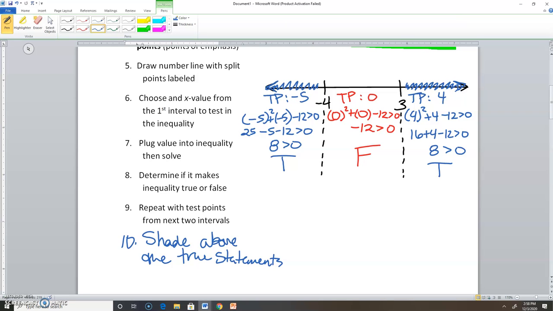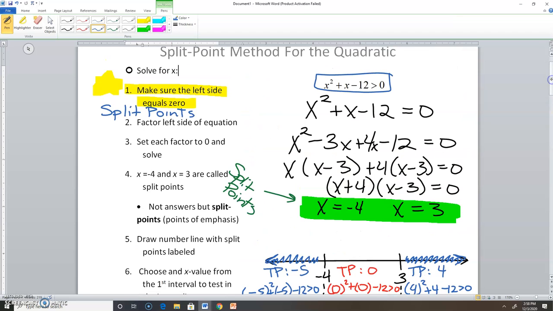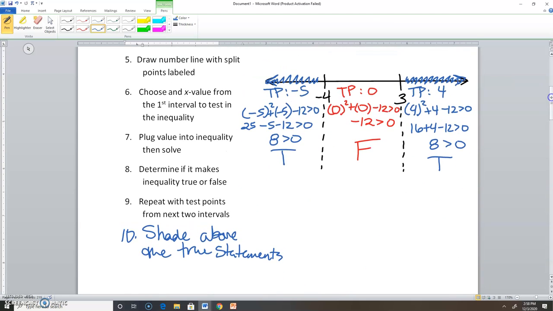Now, before I can finish this, I have to determine, do I need an open or a closed circle at -4 and 3? Well, if we look back up, do I want an open or a closed circle? Hopefully you said open because we are not including that point. So I'm going to have an open circle at -4 and an open circle at 3. Okay?